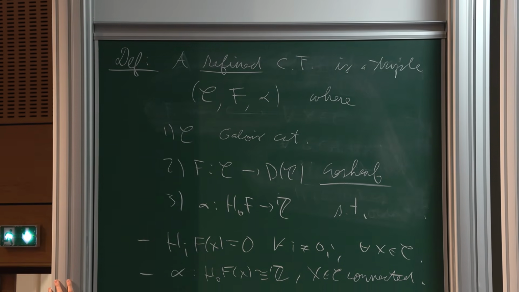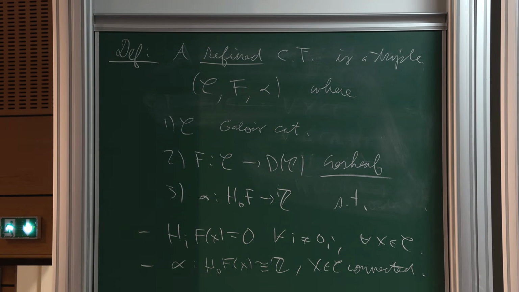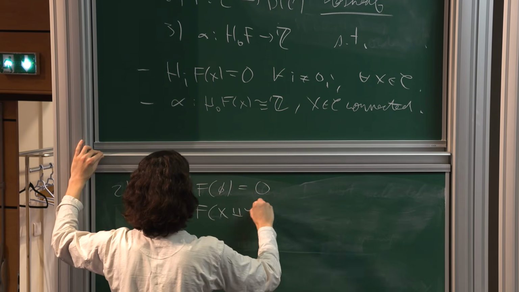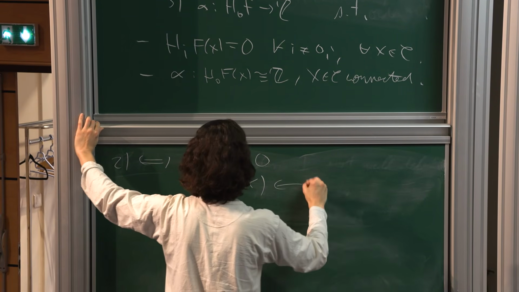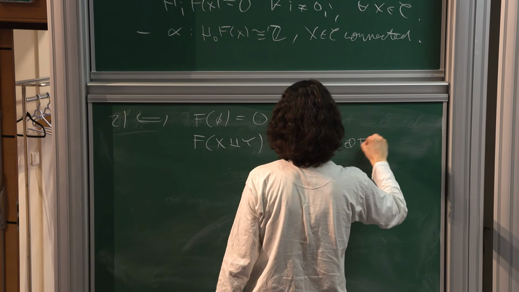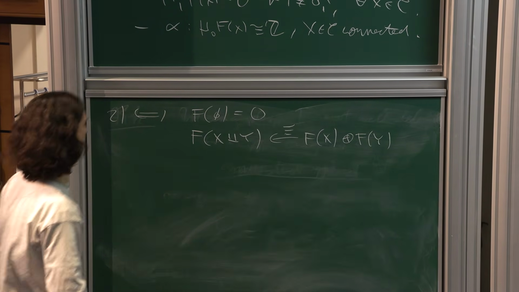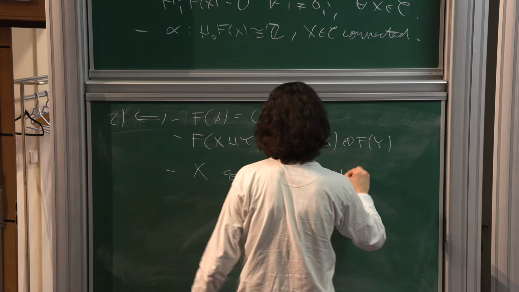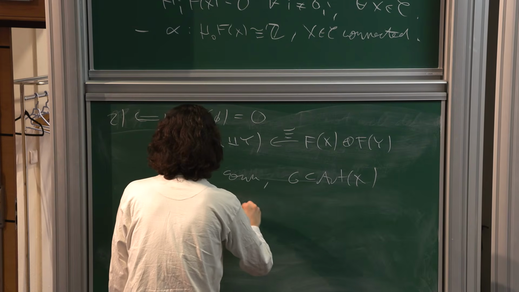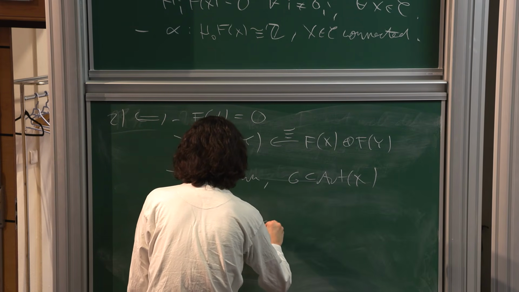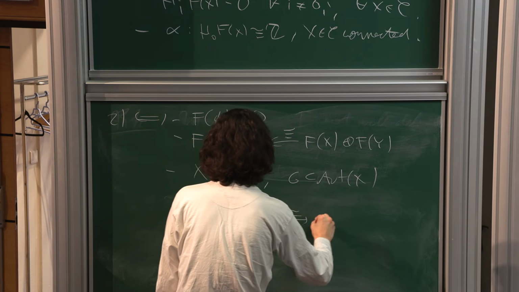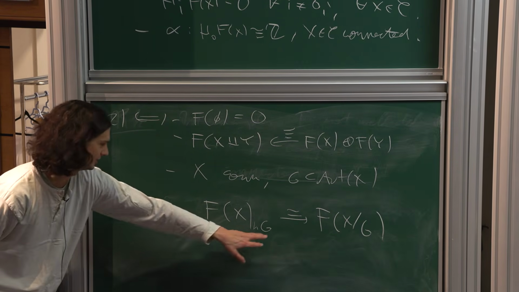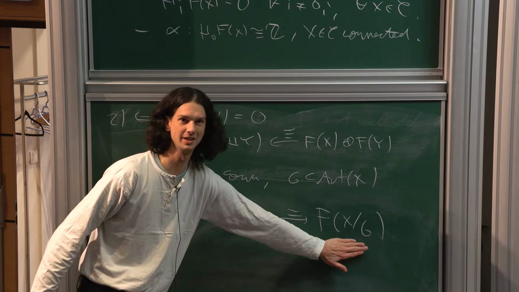F of the empty set equals 0, F of x disjoint union y, and then if x is connected and G is a group of automorphisms of x, and you take F of x homotopy orbits G, that maps isomorphically to F of x mod G. So if you take the group hyperhomology of G acting on this complex, it's quasi-isomorphic to this complex.